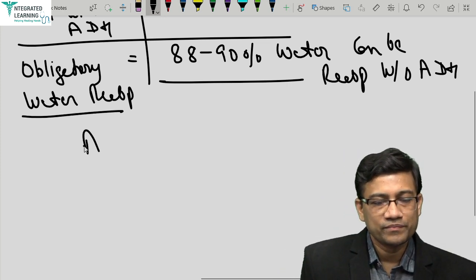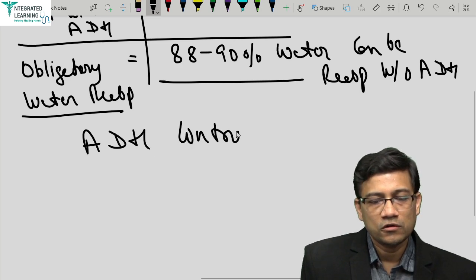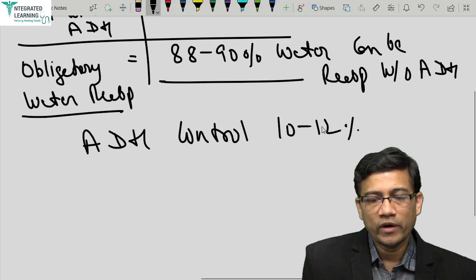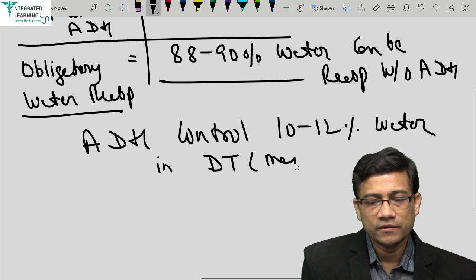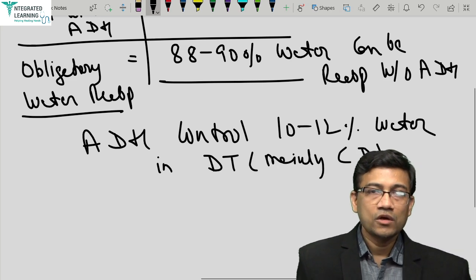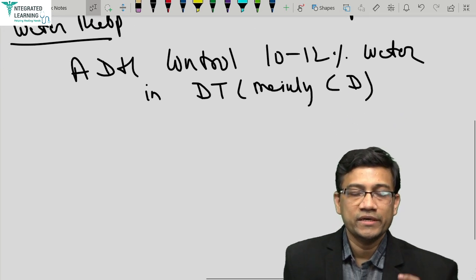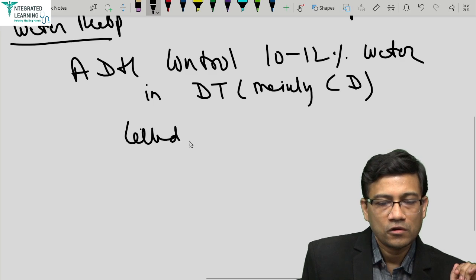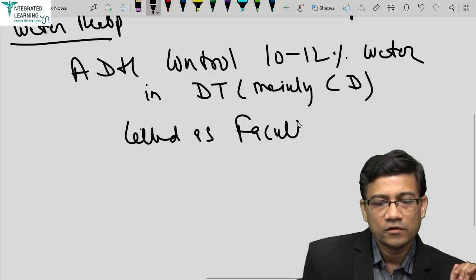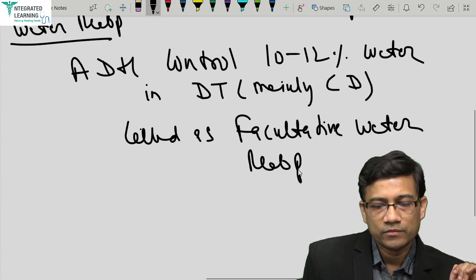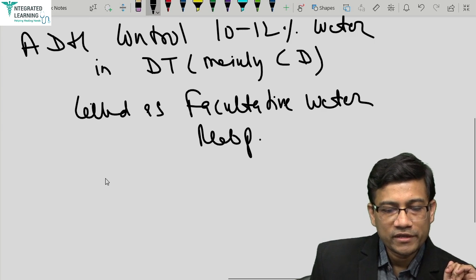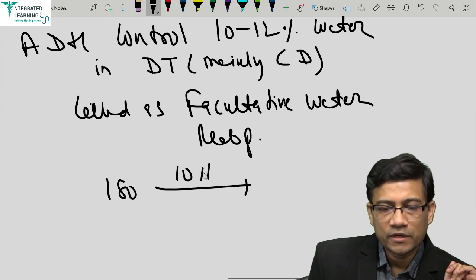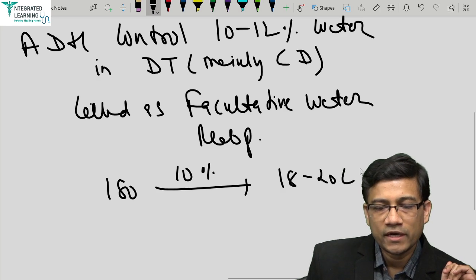So how much is under ADH control? ADH controls 10 to 12% of water in the distal tubule, mainly the CD, called facultative water reabsorption. 10% of 180 is 18 to 20 liters a day.